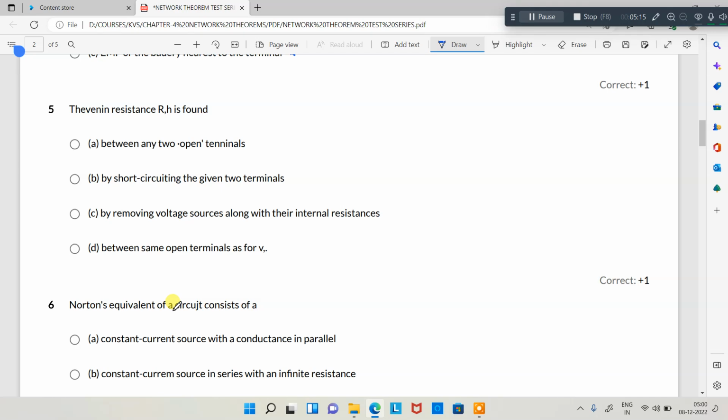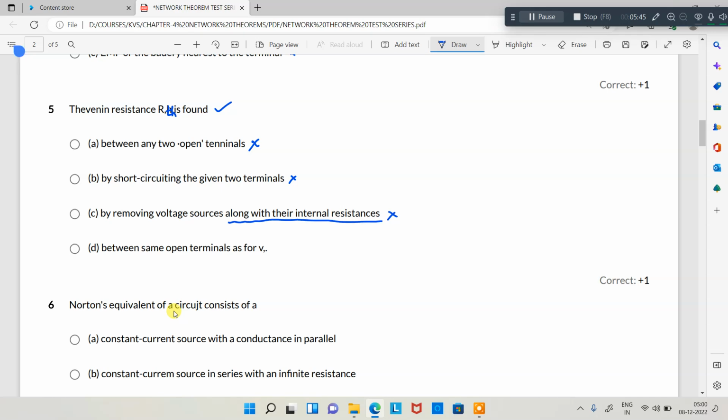Next, coming to here, the Thevenin resistance RTH is found. How to find out the RTH? In the statement explained in the theory class, just look here. Between any two open circuit terminals, by short circuiting the voltage sources, by removing the voltage sources along with the internal resistance, voltage sources are removed and replaced by their internal resistance.